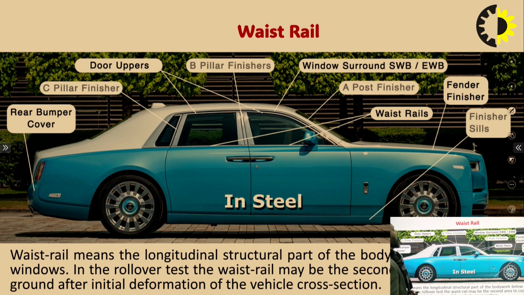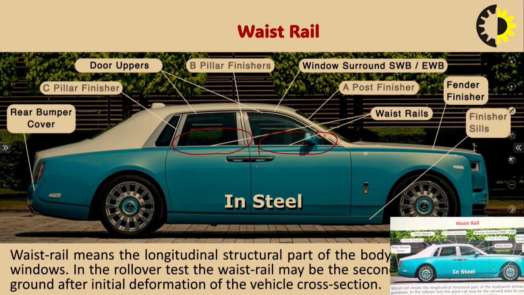Then another one is the vest rail. This is the vest rail structure. Where is the vest rail? The lower part, this and this is the vest rail. The vest rail is the longitudinal part of bodywork below the side window.